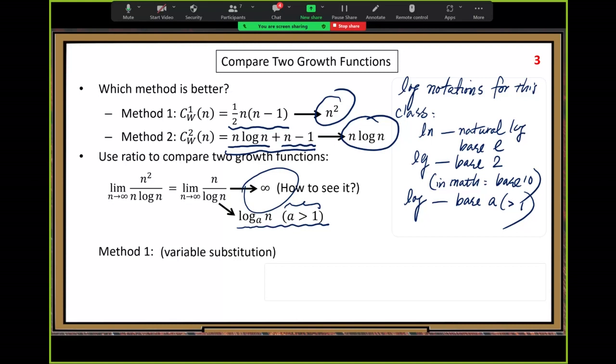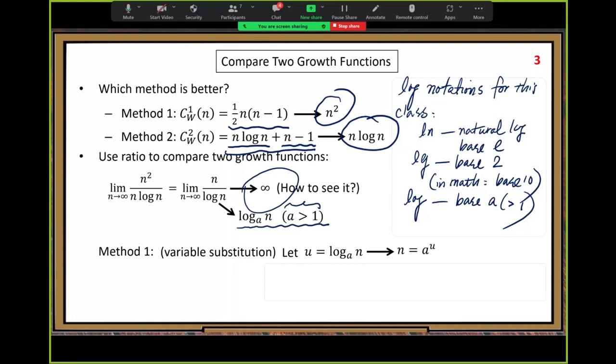That's the first method. We let a new variable u be the log base a of n. This time we write the log base a explicitly. Then, based on the definition of the log function, we have n equals a to the u.